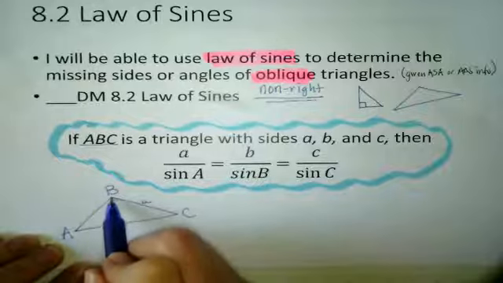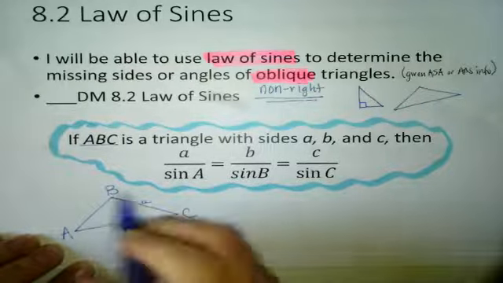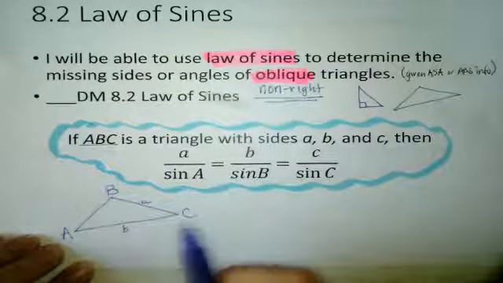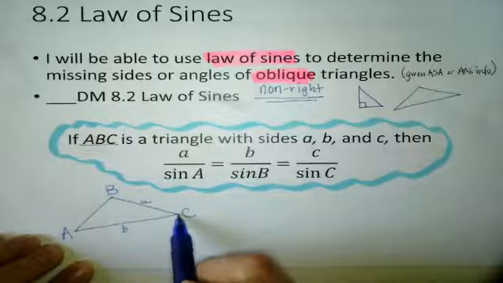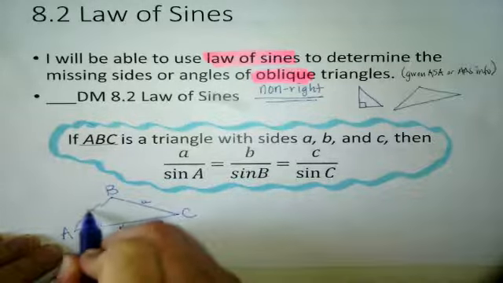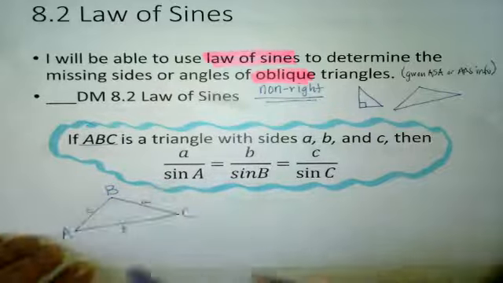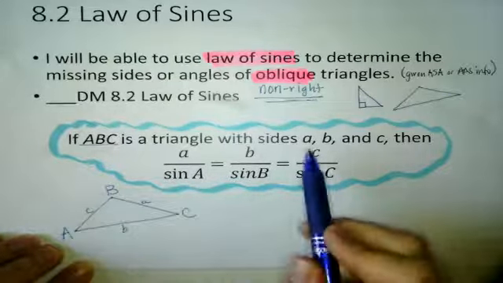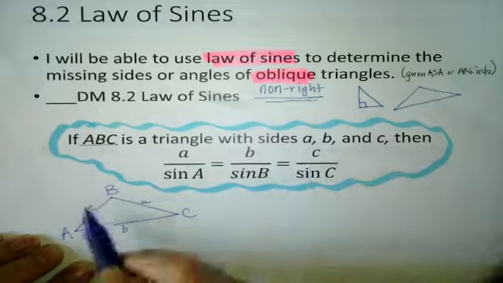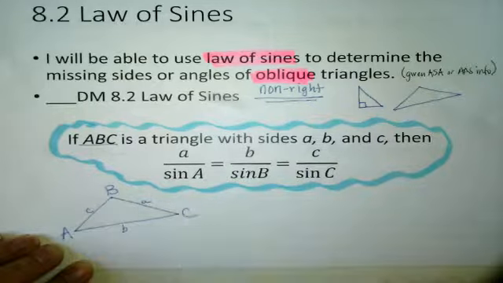And if this is vertex B, the opposite side we call little b. And if this is vertex C, then opposite vertex C, we have little c. So that's the common nomenclature for polygons, labeling vertices with capital letters and side lengths with lowercase letters. So that's really, really important.